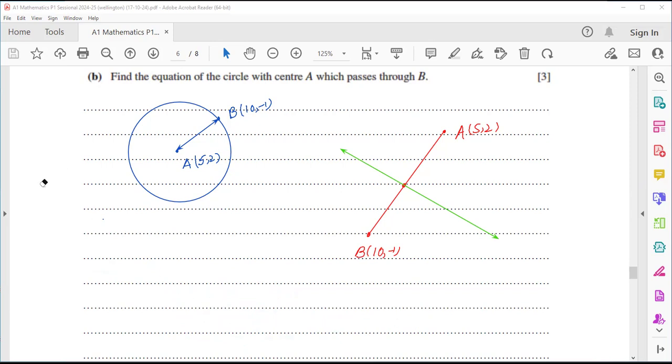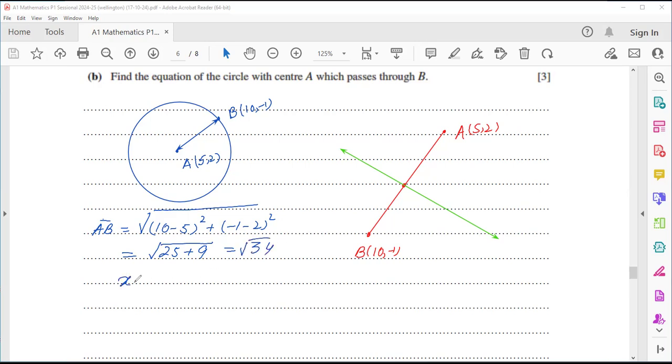What is the distance formula? The distance AB is equal to the square root of (y2 − y1)² + (x2 − x1)². That becomes 25 plus 9, ultimately 34 under root.